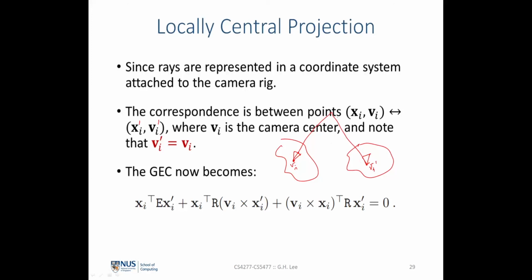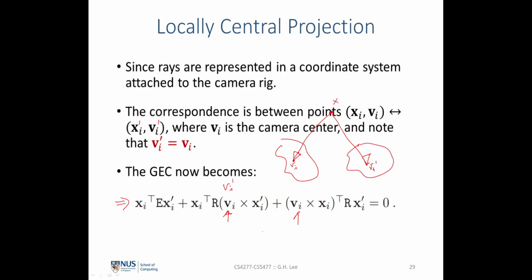So these two light rays would intersect at a certain 3D point that gives rise to xi and xi prime, the correspondence. So substituting this pair of corresponding points and the camera centers into the general epipolar constraint that we have derived earlier on, we'll get this equation over here, where now the transformation of the second view can be written with the camera center of the first view instead of having a vi prime in this case here.